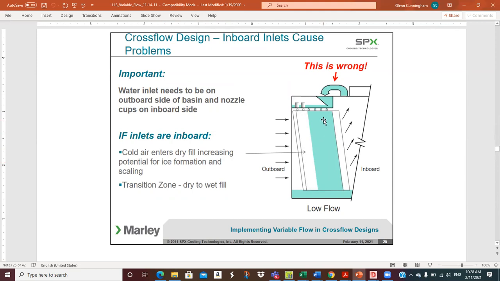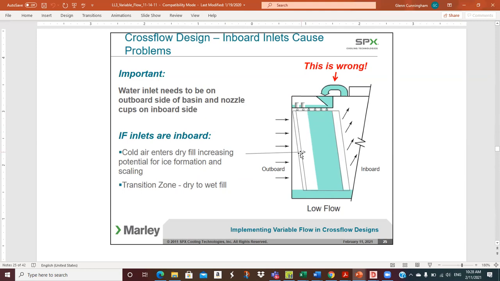Because remember, this water is a heat source, right? The whole purpose of it coming out here is to get cooled down. So this stuff is fairly warm. Your ability to avoid icing means that you want this cold air to hit the full flow, which means you want this flow to be on the outside.